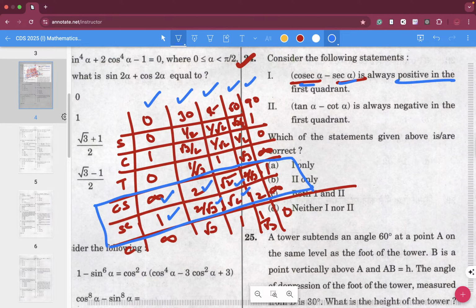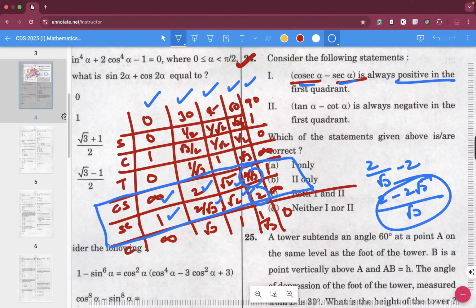This minus this is 0, right? But let's look at this value, 2 by root 3 minus 2. If you do that, this is 2 minus 2 root 3 over root 3. Is this a positive value or a negative value? 2 minus 2 root 3, right? Root 3 value is 1.732. This value is a negative value, which means this is wrong. So the first one is not right.